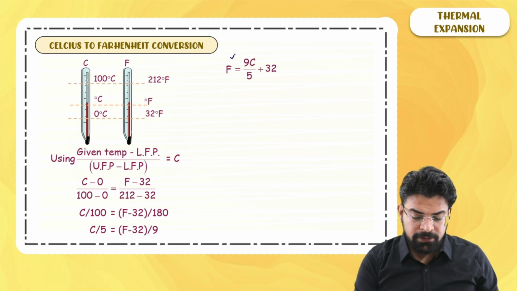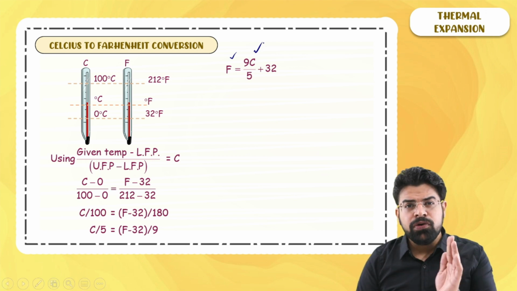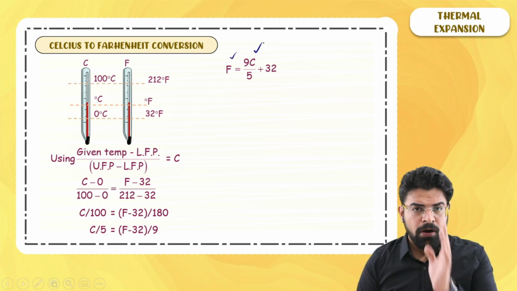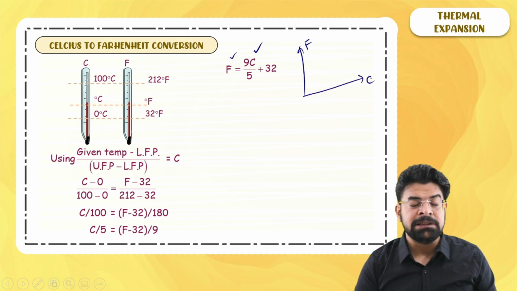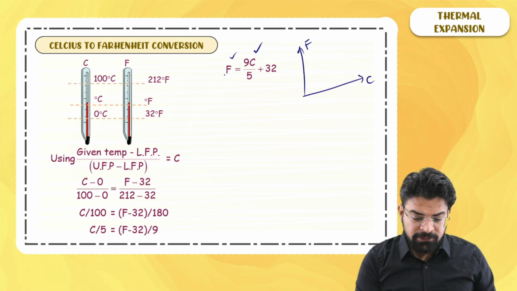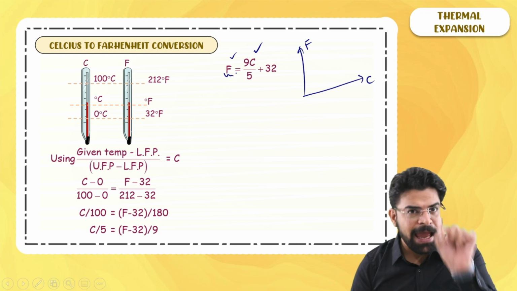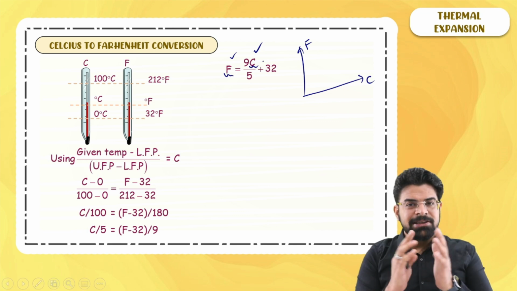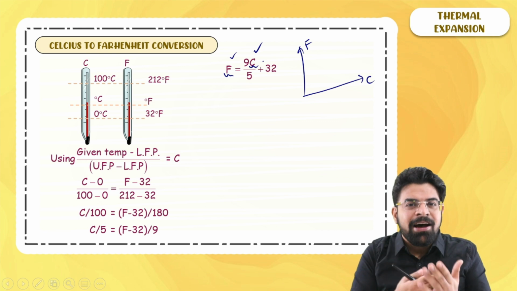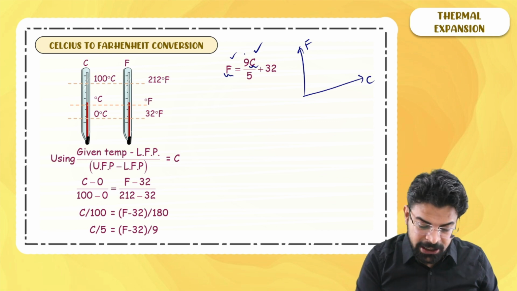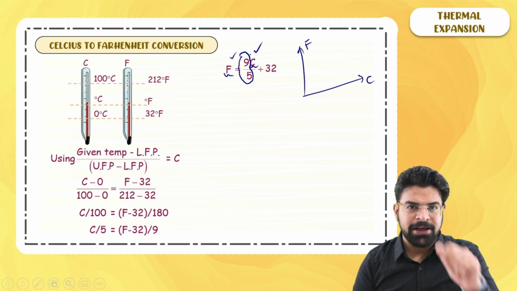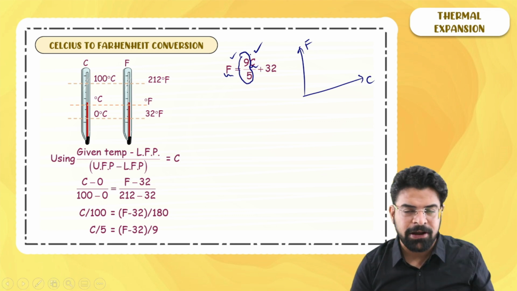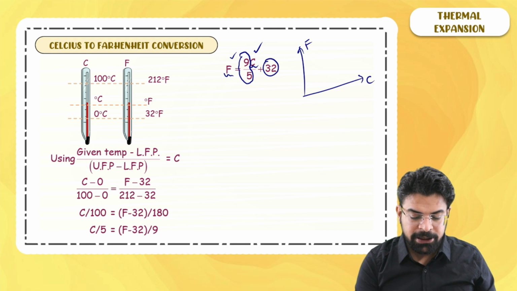Now once you have written this, you wish to draw the graph of temperature on the Fahrenheit scale versus the temperature on the Celsius scale. So on the y-axis you have F, on the x-axis you have C. You can see, this is the equation of a straight line, y equals mx plus c. Here the slope of the line is 9 by 5, which is 1.8, and the y-intercept will be 32.